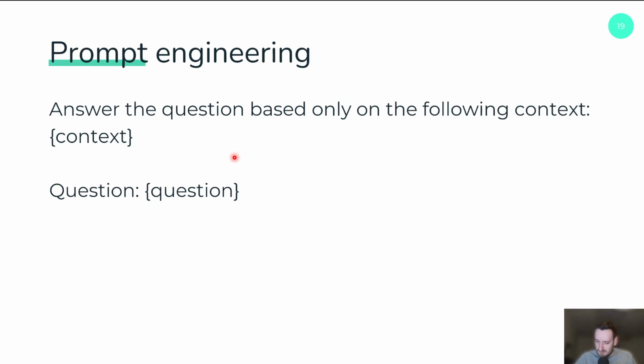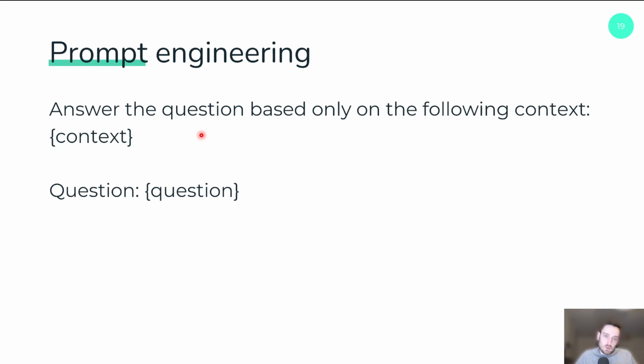Well, you're just going to add those two together, and the prompt could look something like this, where you say answer the question based only on the following context, and you dynamically load in this context. So here you could add your, let's say, 5 most relevant pieces of text that you found in your knowledge base, and then you add the question from the user as well. And this is actually what we send to GPT, and then GPT will give an answer.